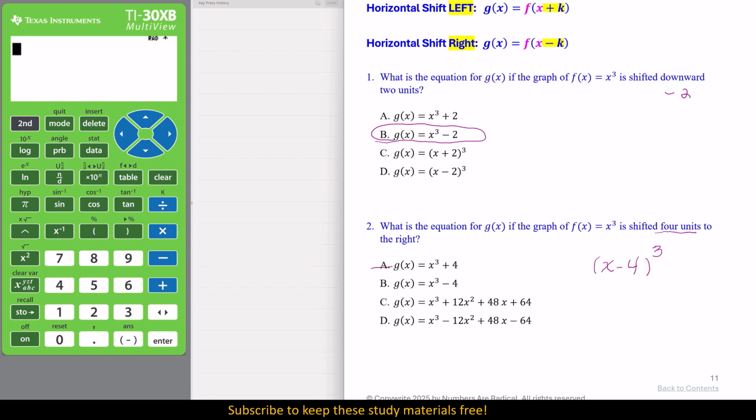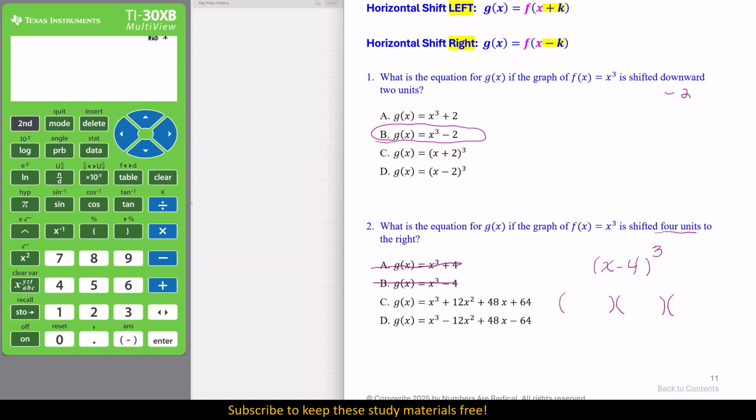Obviously A and B do not satisfy. We have C and D, and we need to figure out what this should look like. I'm not going to work the whole thing out.